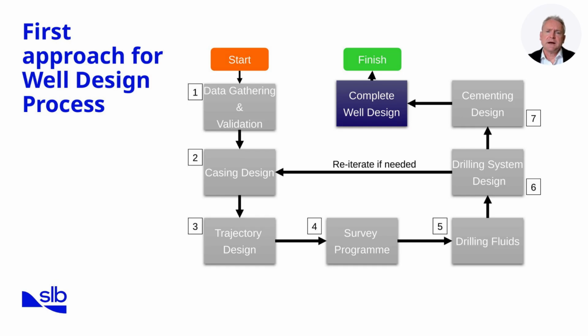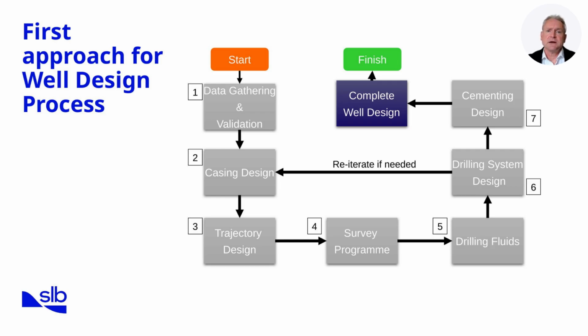Once the data are validated, we move into casing design, selecting casing sizes, strengths, and setting depths that can withstand pressures and protect aquifers. The next step is trajectory design, where we map the well path to reach the reservoir efficiently while avoiding collision risks and mechanical limits.